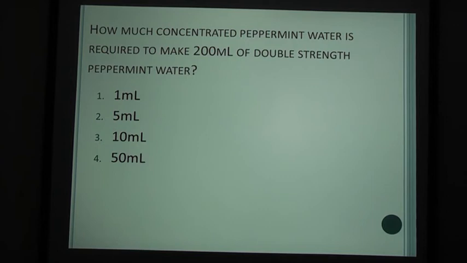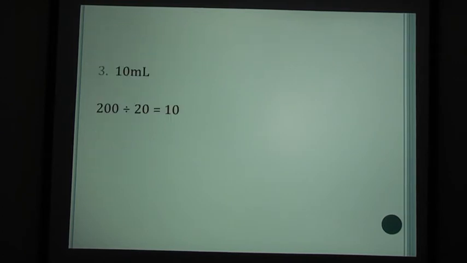How much concentrated peppermint water is needed to make 200 ml of double strength water? Here, remembering the relationship is 1 in 20. So it's concentrated to double strength, you divide by 20, you get 10.